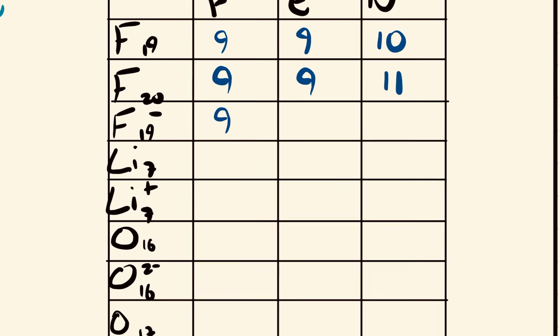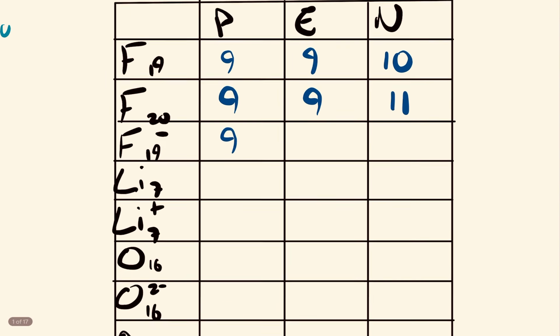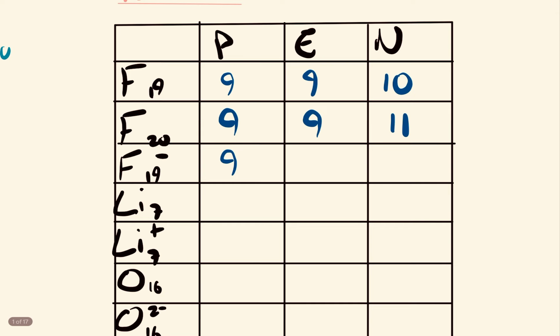And so if we've got a minus charge overall, it means an electron has been gained. So we have 10 electrons here. If it was a positive charge, we would have lost an electron, so we would have had 8. And in terms of neutrons, same maths again, our 19 minus our 9, and that gets us to 10.